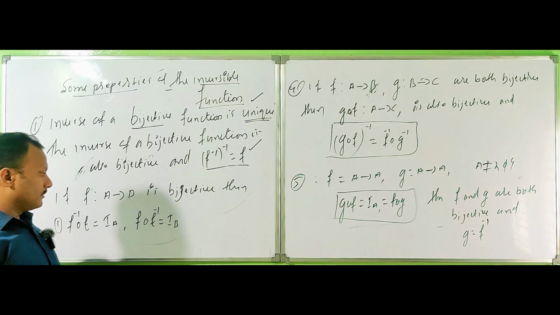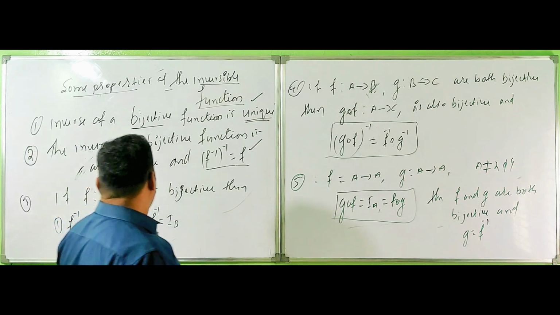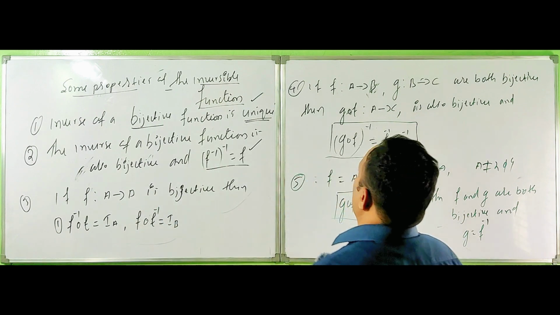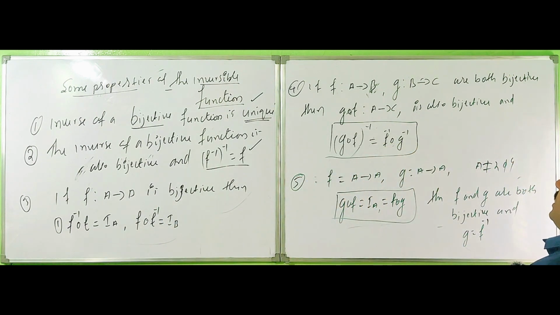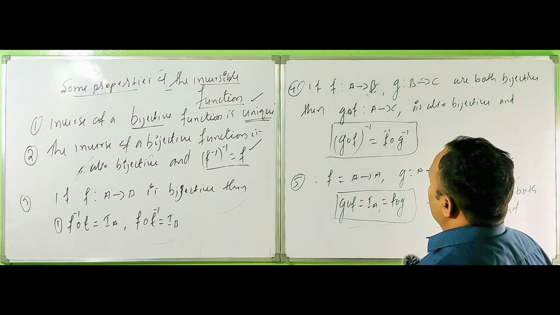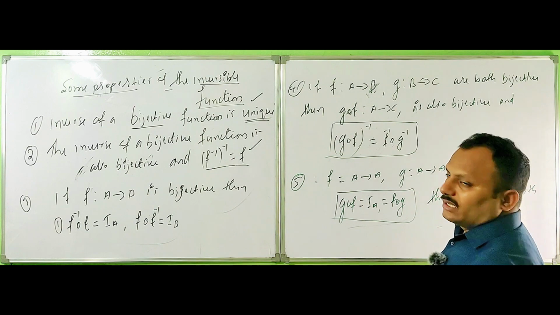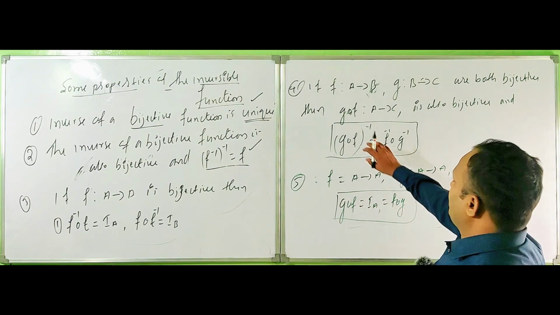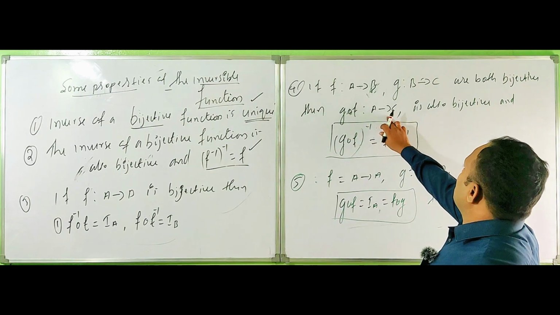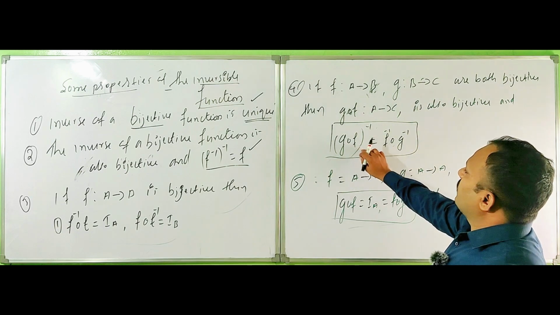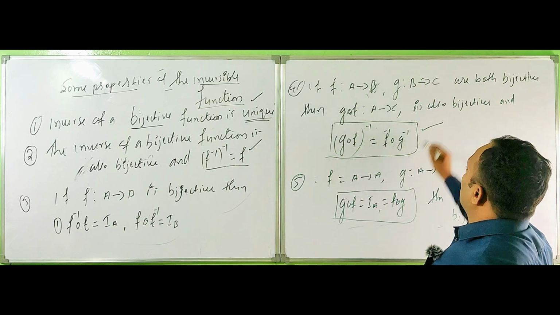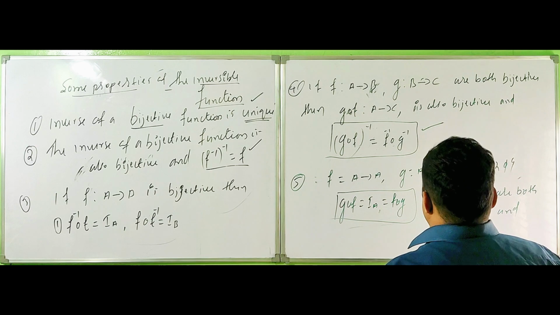First, if f is a function from A to B and g is a function from B to C, both bijective, then g∘f from A to C is also bijective, and (g∘f) inverse is equal to f inverse composed with g inverse.